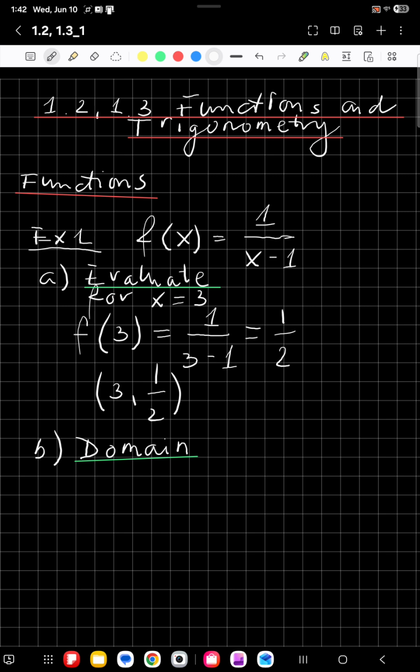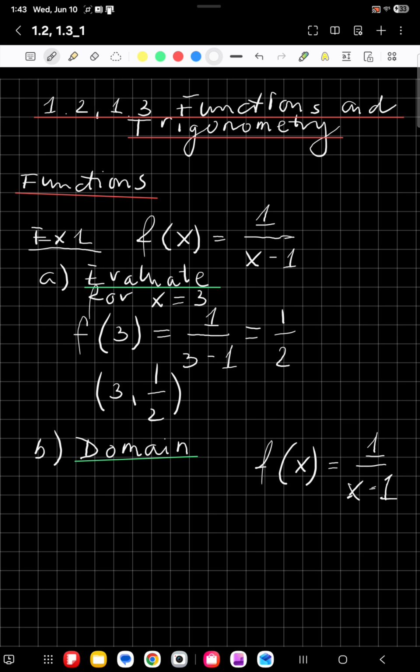So the only problem, the only issue that we have with this function is that, let me write it here. So f of x, so that we can see it clearly, is 1 over x minus 1. Right, so on the previous lecture we had a function that had a square root, right? So this one doesn't have a square root, but has a denominator.